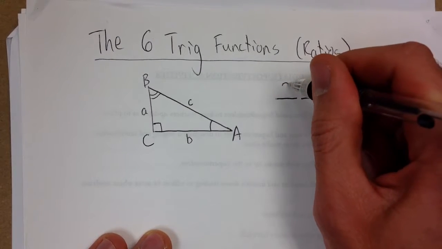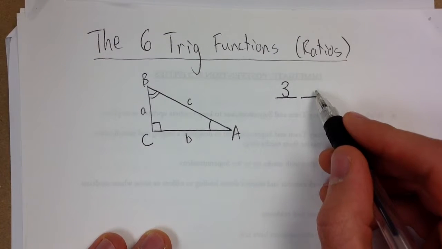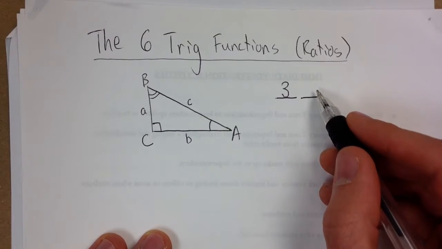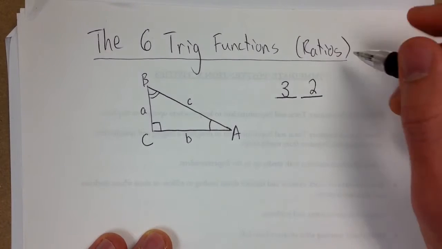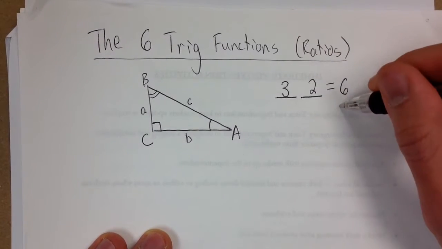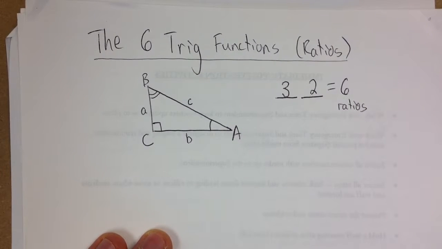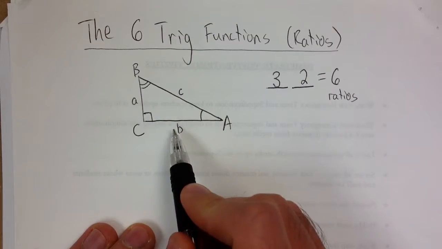I'm going to go with 3, because there are 3 sides to choose from. And then how many ways can the second side occur? 2, because we've used one of them, right? 3 times 2 is 6. So there will be 6 ratios. Let's start with A to B.